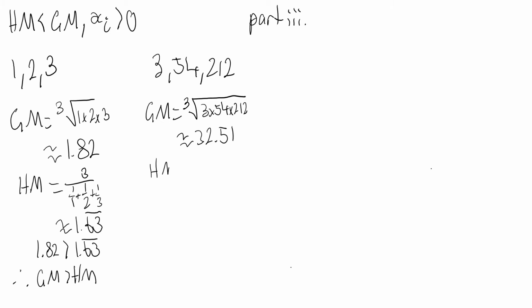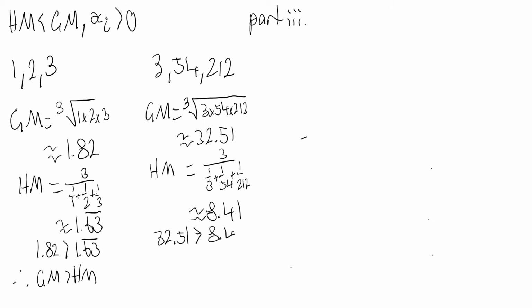The harmonic mean will equal 3 on 1 on 3 plus 1 on 54 plus 1 on 212, which comes out as about 8.41. Here 32.51 is clearly greater than 8.41, and therefore again the geometric mean is greater than the harmonic mean.